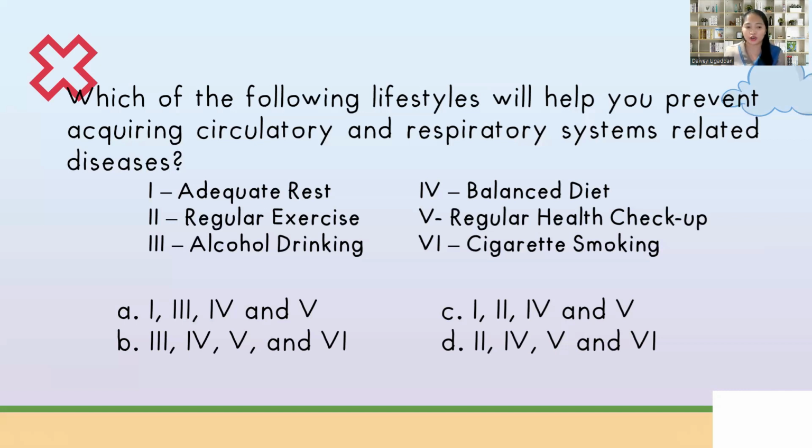So those options with 3 and 6 can now be eliminated. That is not the correct answer. As you all know, we have A, there's number 3 in A. B, there's also number 3 and 6. And letter D, there is number 6. So that leaves us with only one option left, and that is letter C. So the correct answer is letter C.